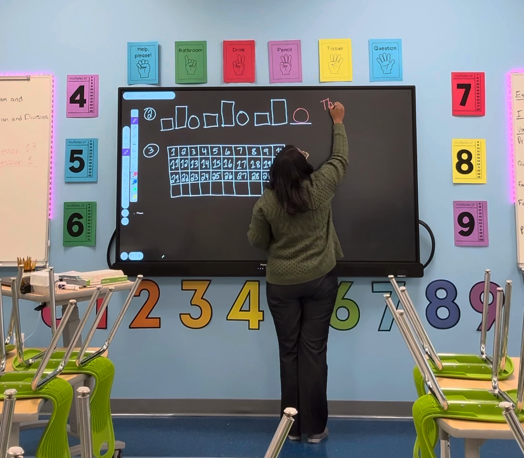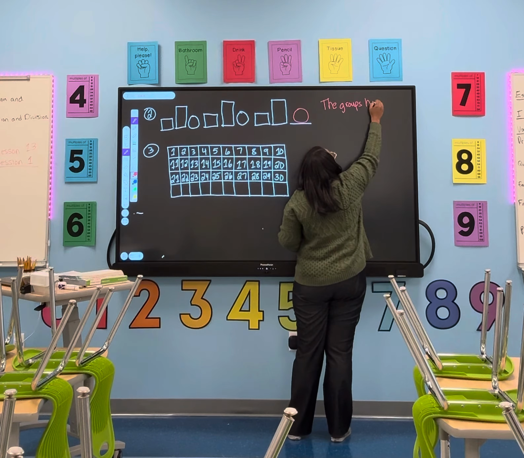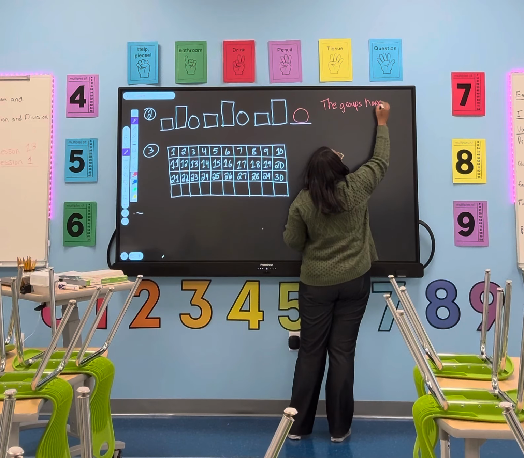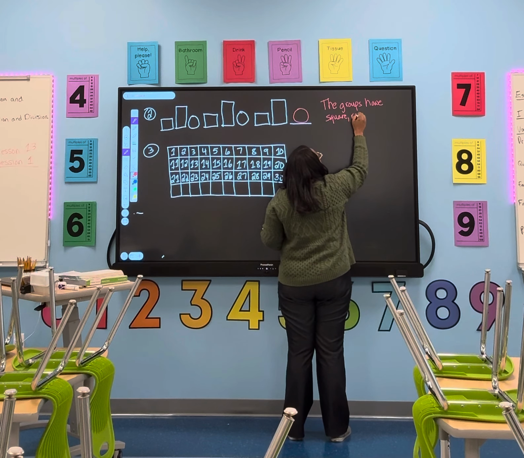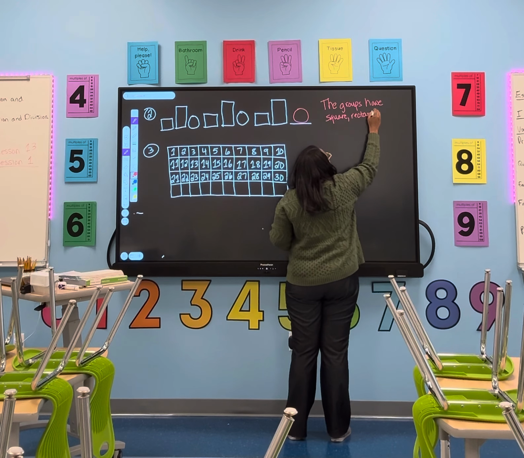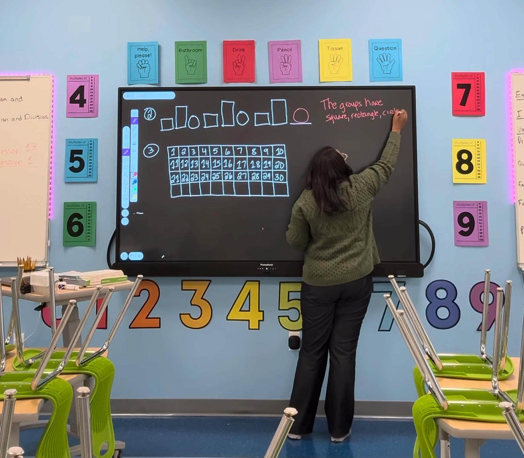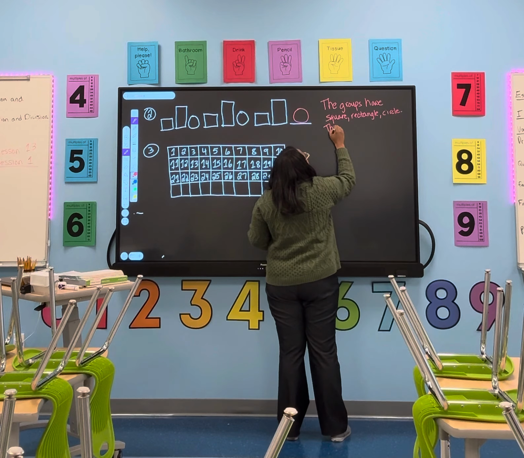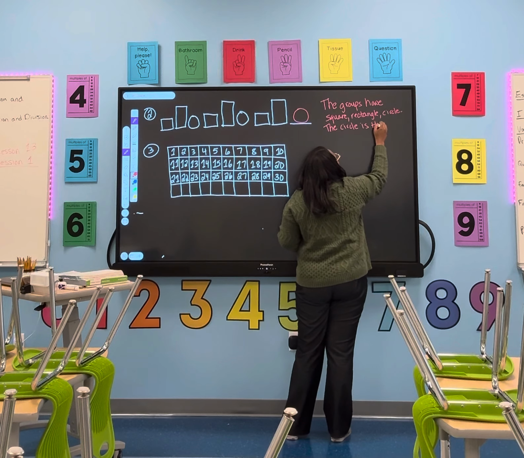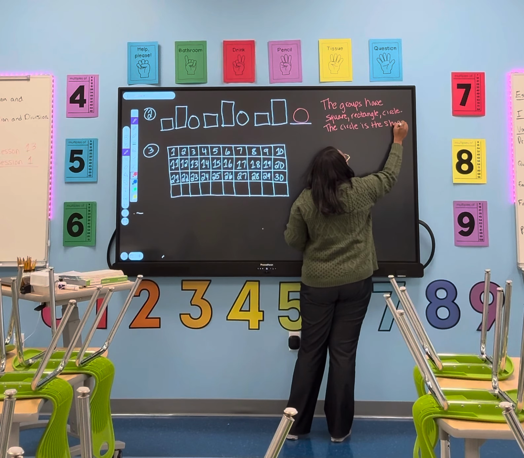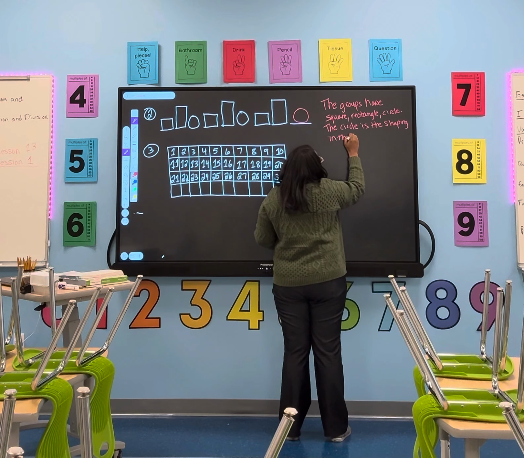So the groups have square, rectangle, circle. The circle is the shape missing in that group.